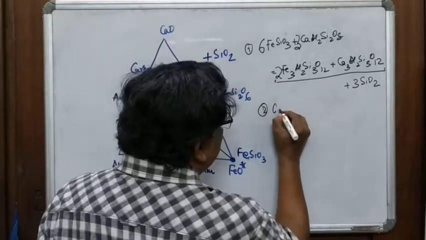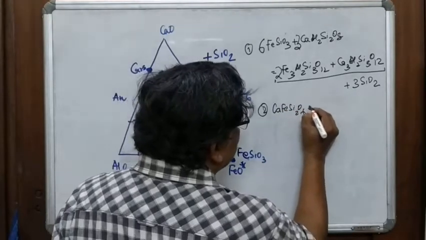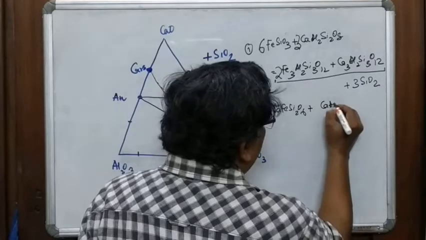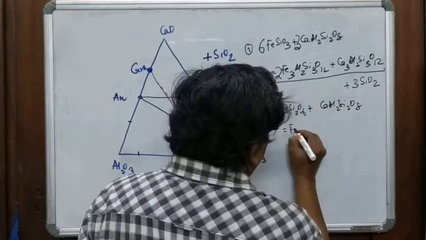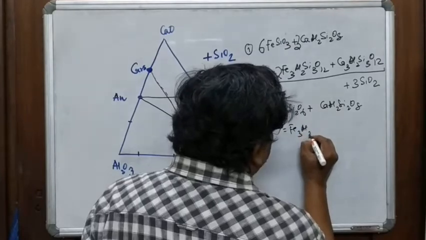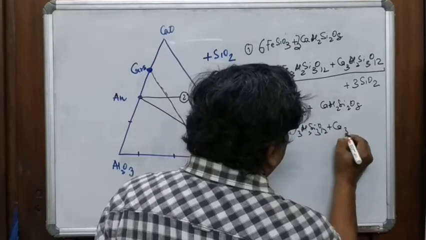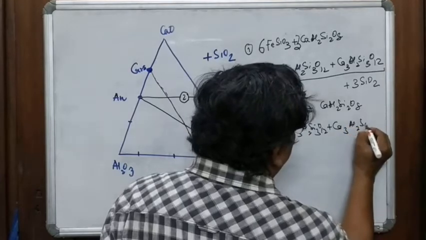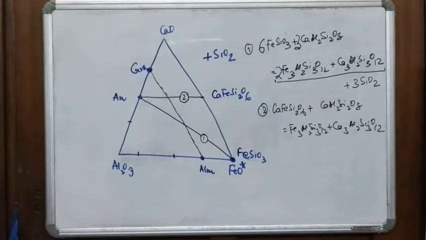Reaction 2 is CaFeSi2O6 plus CaAl2Si2O8 is equal to Fe3Al2Si3O12 plus Ca3Al2Si3O12. So you can see your calcium now.